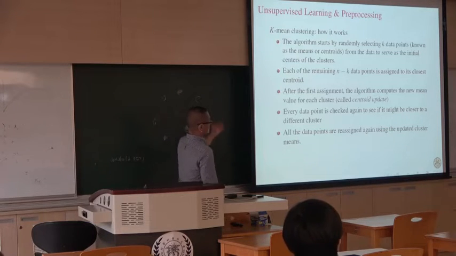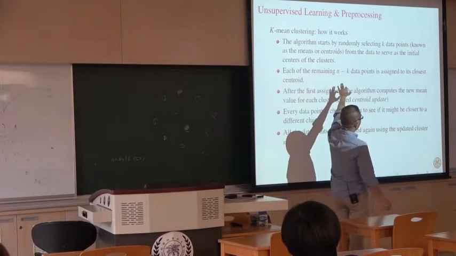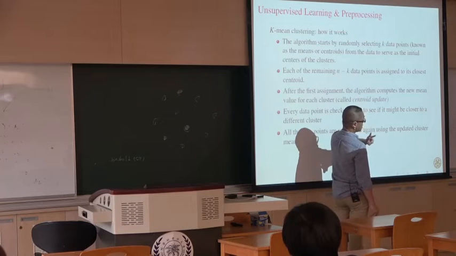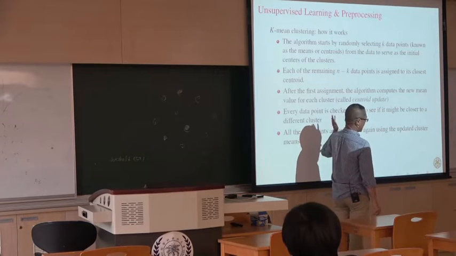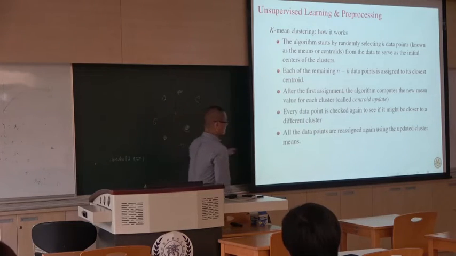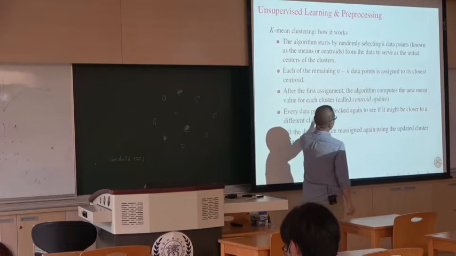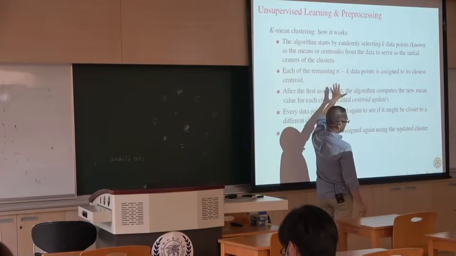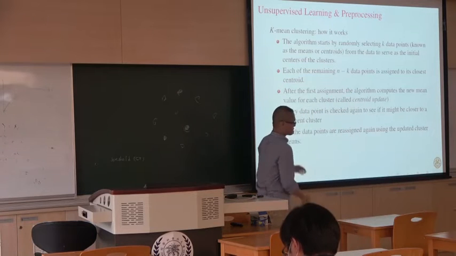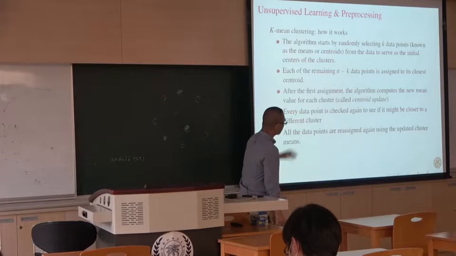And then we compute the distance. So we are left with n minus k data points. It's randomly assigned, we did not do this on purpose, because we are going to update the information. So after the first assignment, this leaves us with n minus k data points which are left to be determined for their cluster groups. Okay?